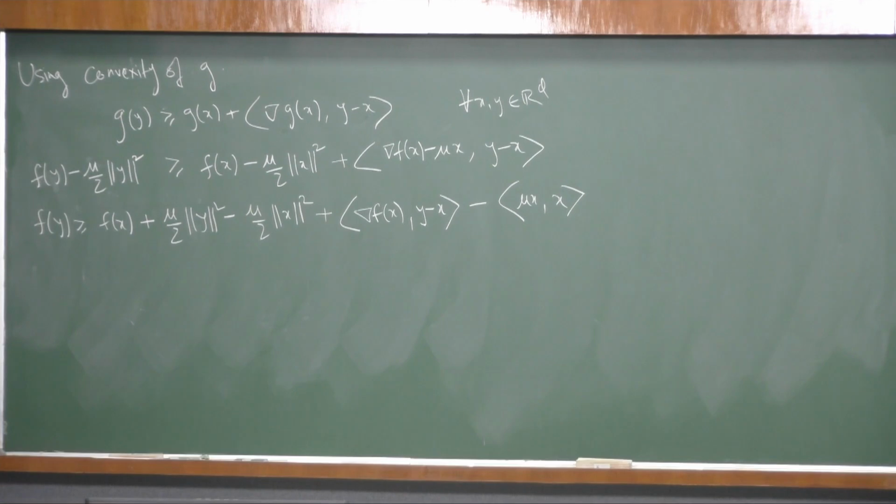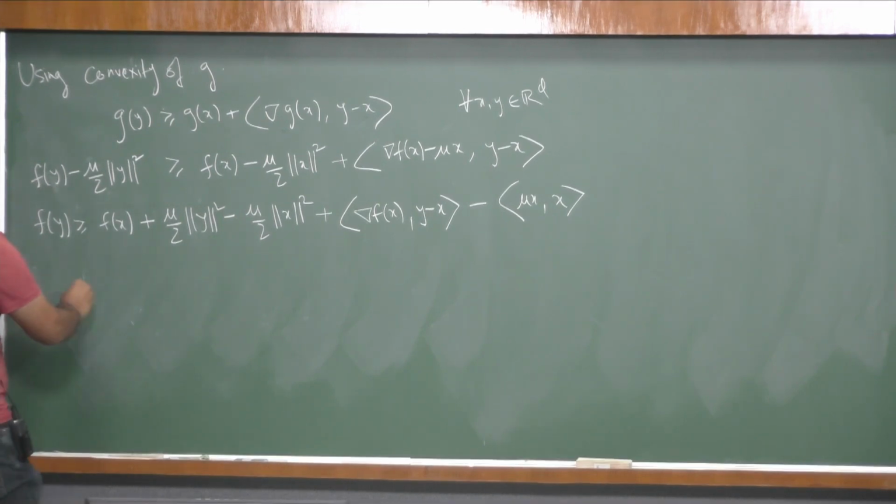Okay, we split the inner product. So, what are the things that are there? f x I can see, and grad f x, y minus x also, and the relevant terms are these with mu, right.